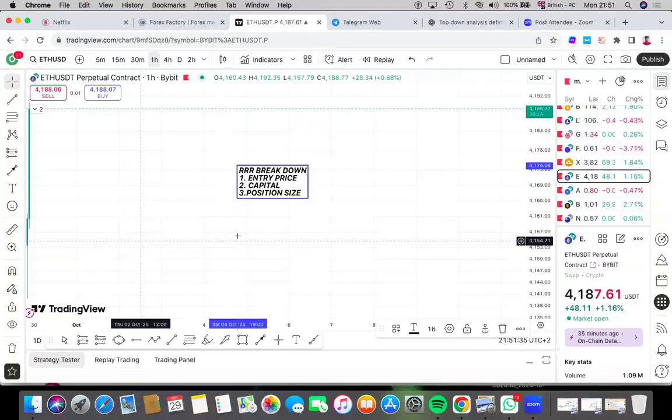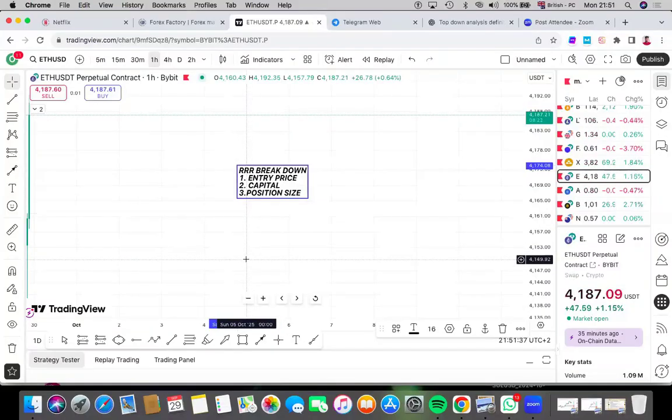Without wasting any of our time, let's go to the next technical term, which will be stop loss. Stop loss is very crucial when it comes to risk management.